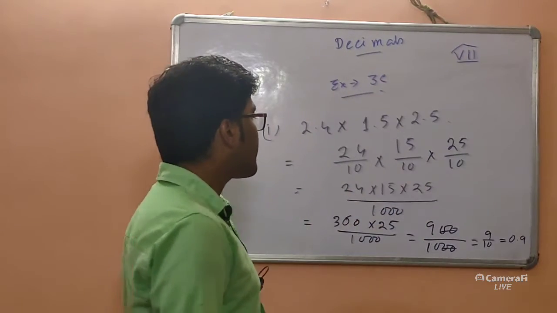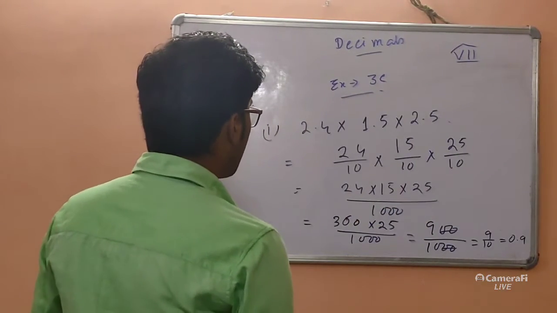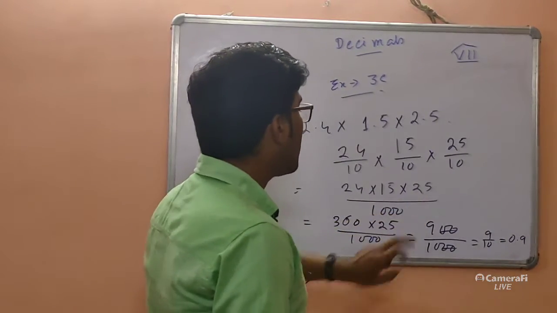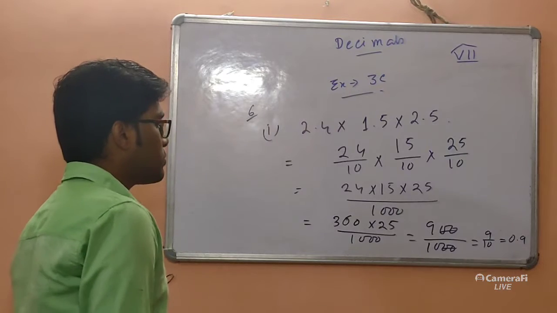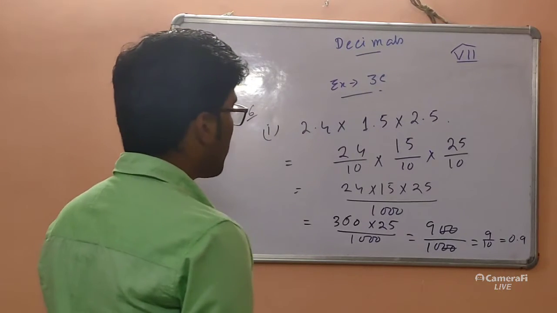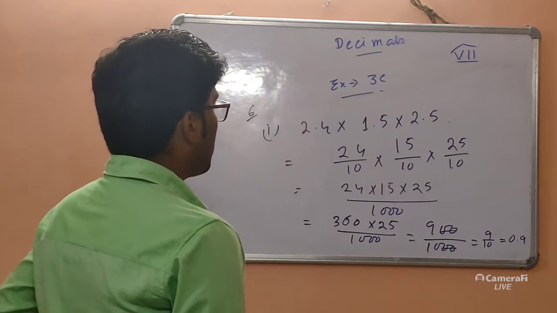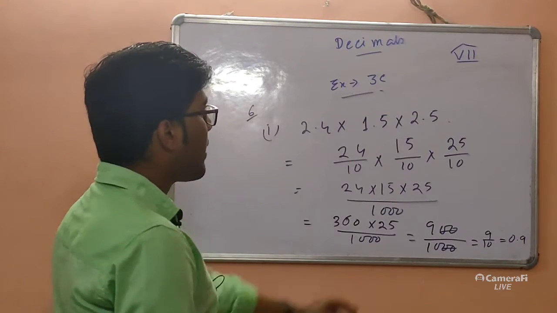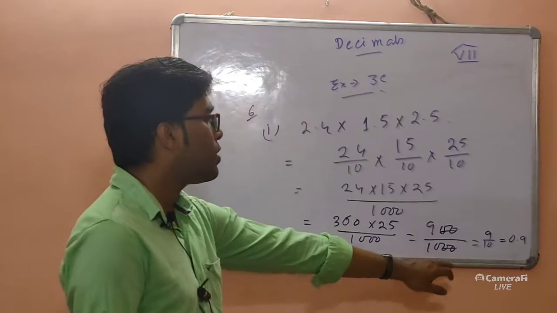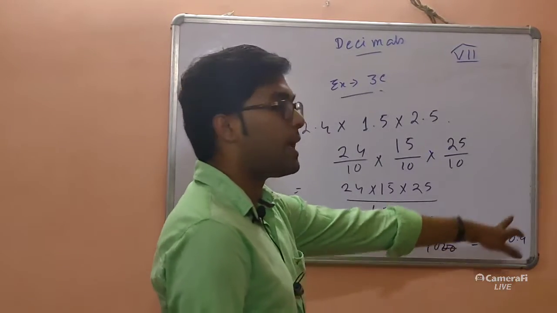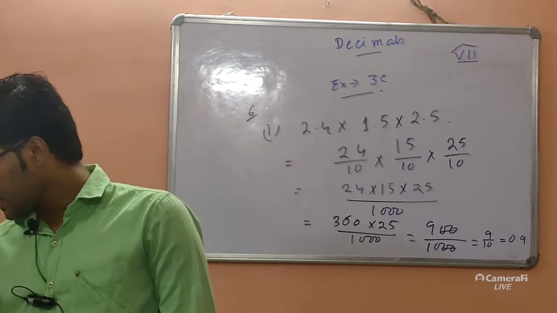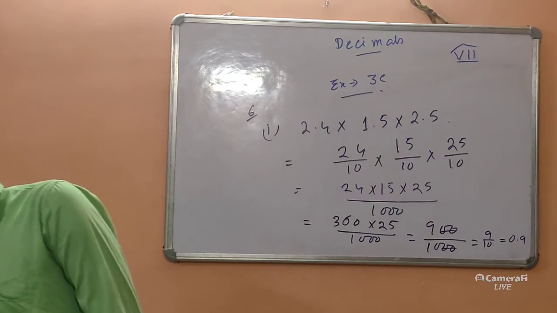Now multiply this and it becomes 360 multiplied by 25. So we have 900 divided by 1000. So 2 zeros cut down, so 9 by 10. So the answer is 0.9. Clear? Let us move on and do the next one.